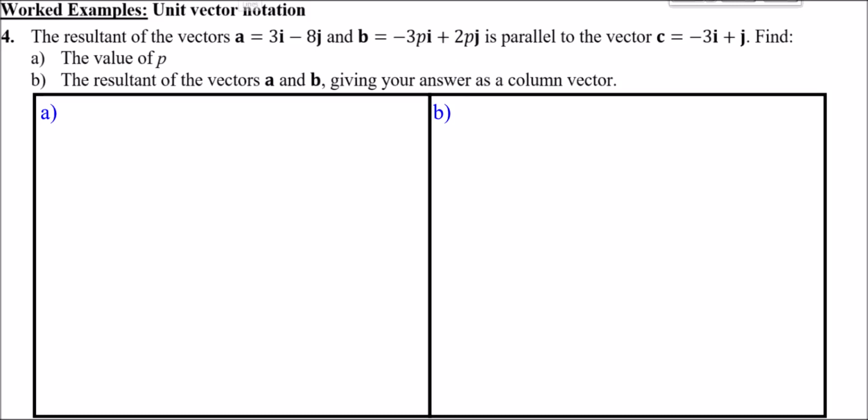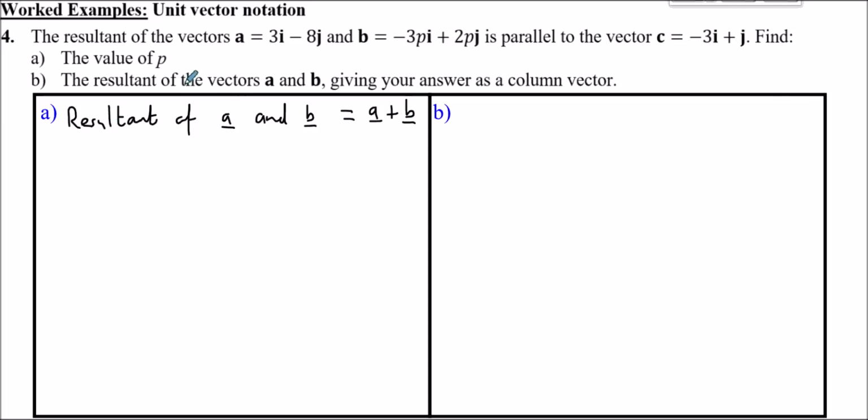So the resultant of a and b is going to be a plus b added together. So we may as well just write this down. Resultant of a and b, that's just going to equal a plus b.